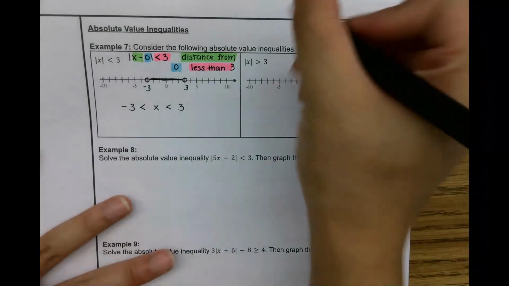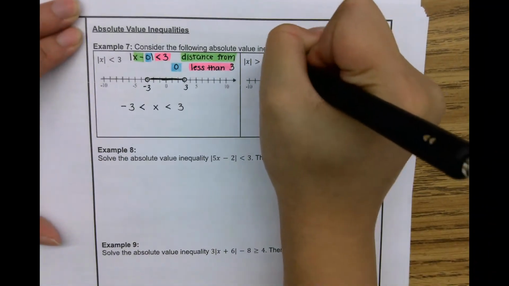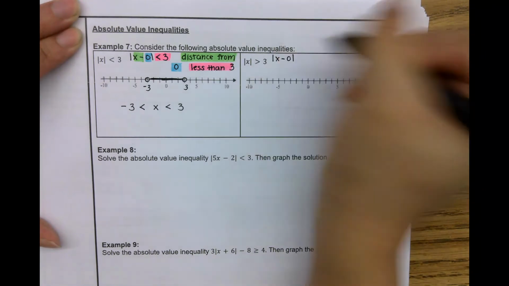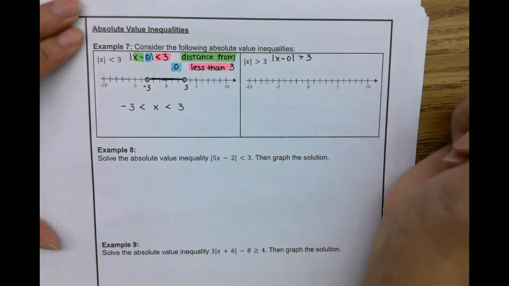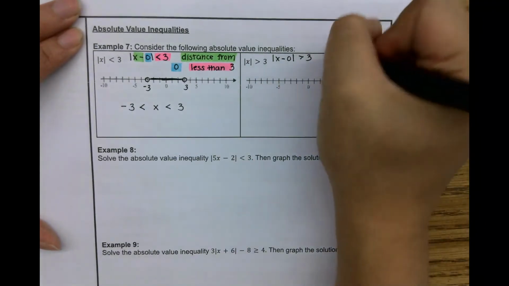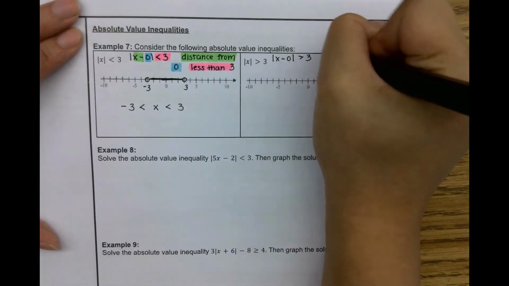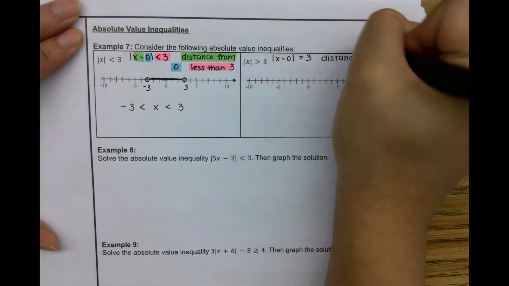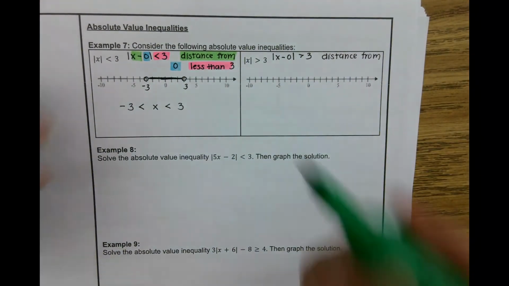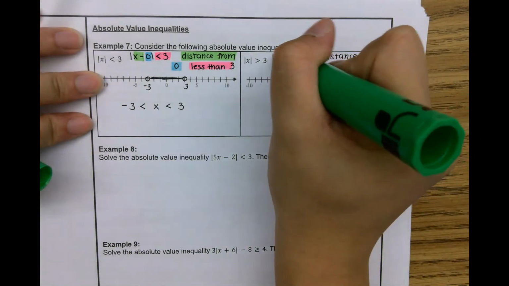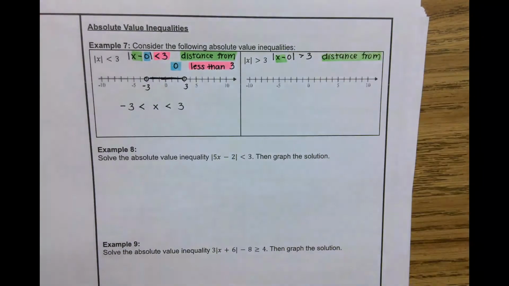Okay? So what about this? Again, we could rewrite this as the absolute value of x minus 0 greater than 3. Again, this x minus here was talking about distance from. The distance from what?